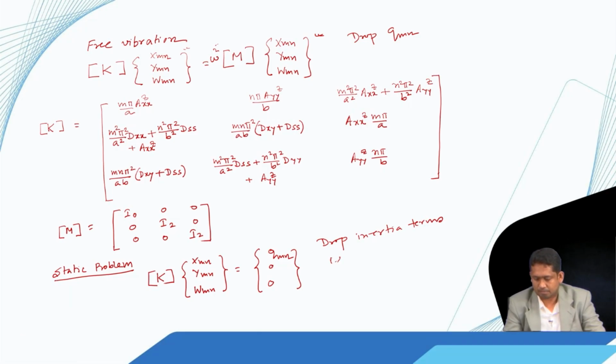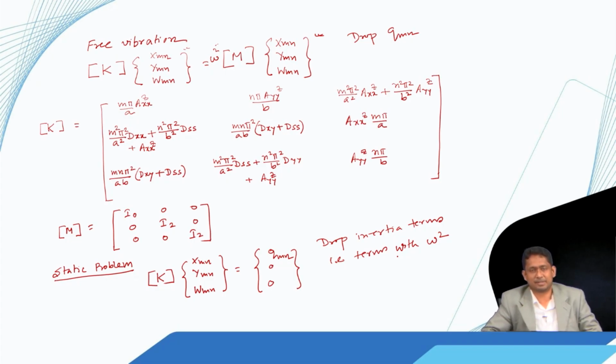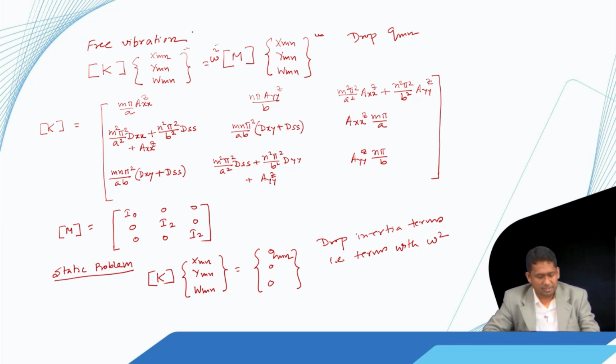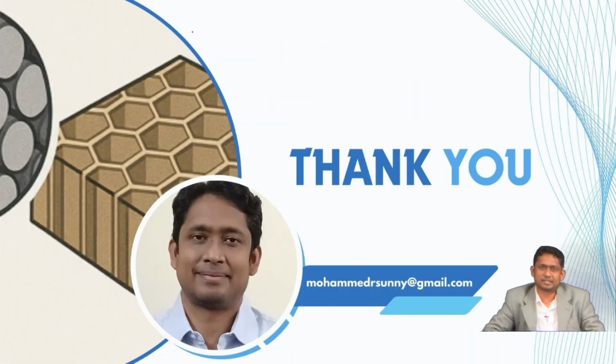So, here we did a combined formulation, and previously we did the static problem and free vibration problem separately. Here we showed the combined formulation, and then we look at the specific cases. So, this brings us to the end of this lecture. Thank you.